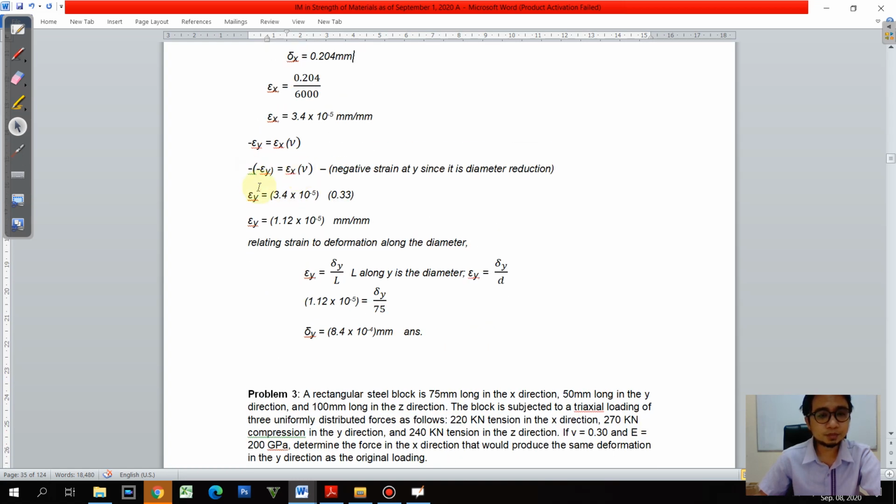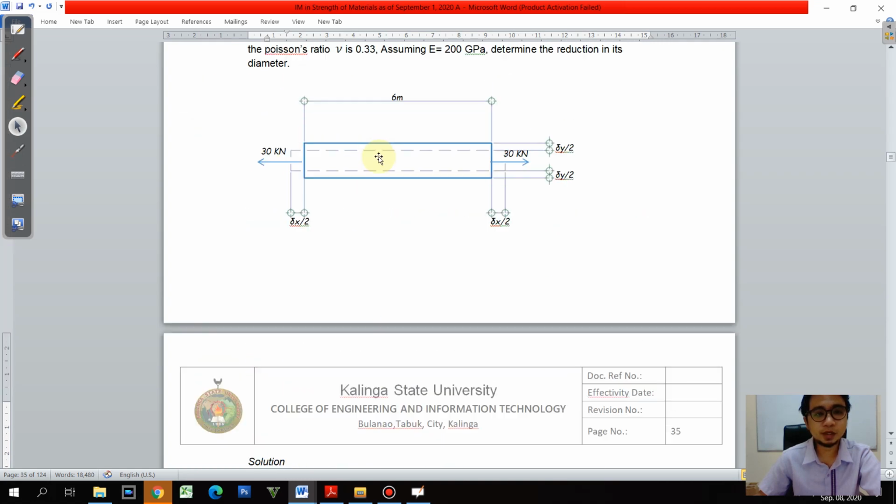So here, let us note that we must multiply the strain along Y by negative Y, because as we can see in the figure, the Y-axis has actually shortened.